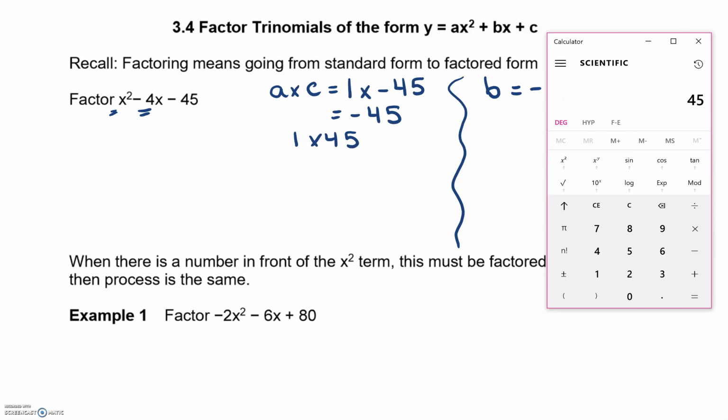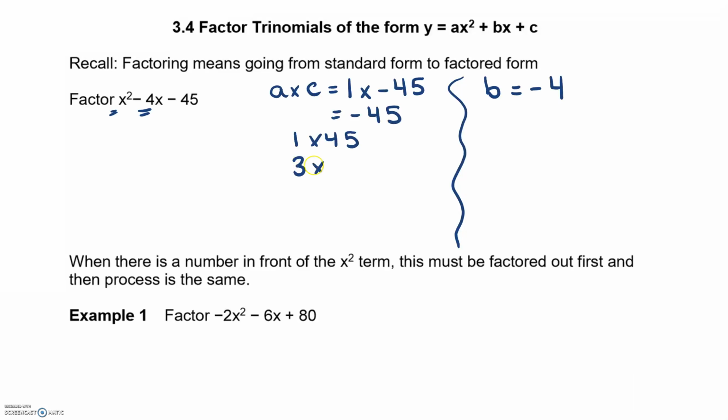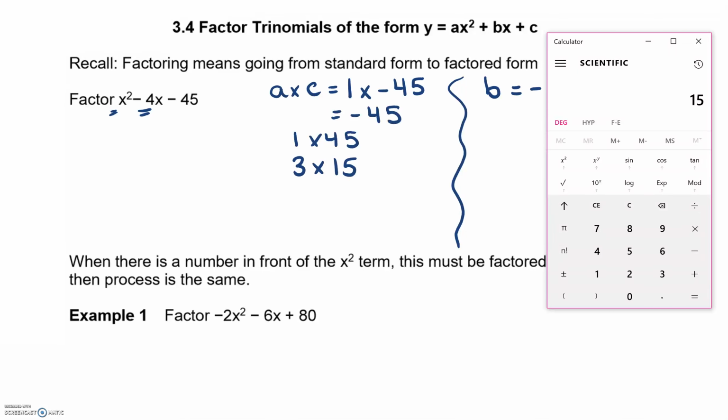Remember not to work with the negatives just quite yet. 45 divided by 2 is a decimal. We want to disregard the decimals. 45 divided by 3 is 15, so 3 times 15.